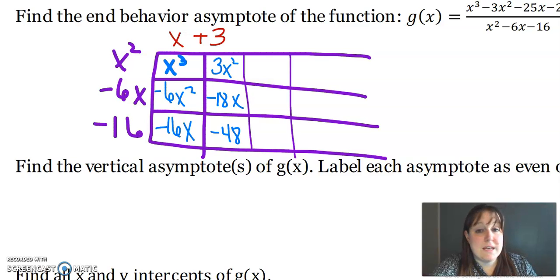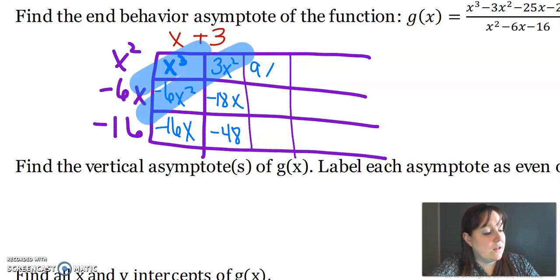Okay. Now my x cubeds add up. My x squareds add up. Now I'm going to look for my x's. I need negative 25, and I have negative 34. So how many do I need? I need positive 9 x's to balance those out.